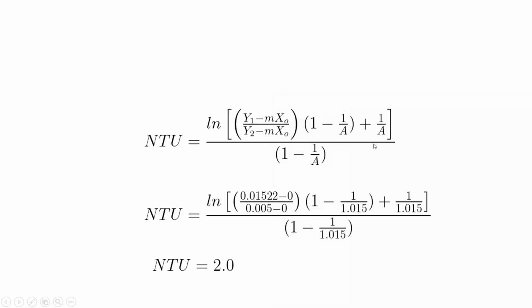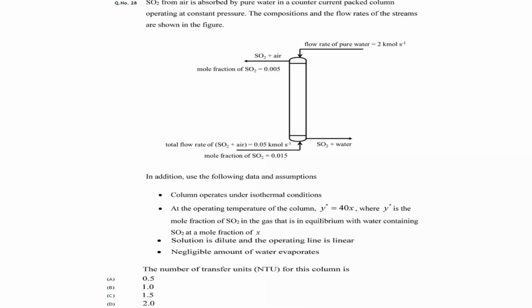And A is the absorption factor, where y1 is the mole ratio of solute in the gas phase entering and y2 is the mole ratio of the solute in the gas phase leaving the tower, right? So here it is y1 and it is y2, right?